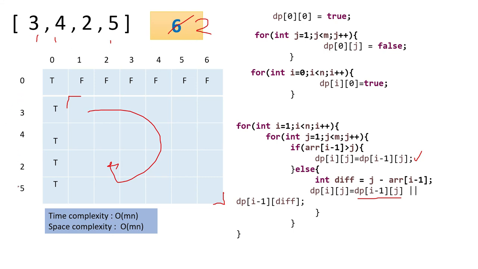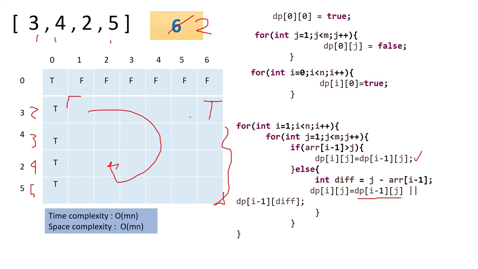So instead of 3, 4, 2, 5, if you sort it and put 0, 2, 3, then 4, then 5, maybe here only in the last column you will get the answer as true. Then no need to proceed further. So if you sort this particular part and then keep it in the row part, then maybe you can get help.